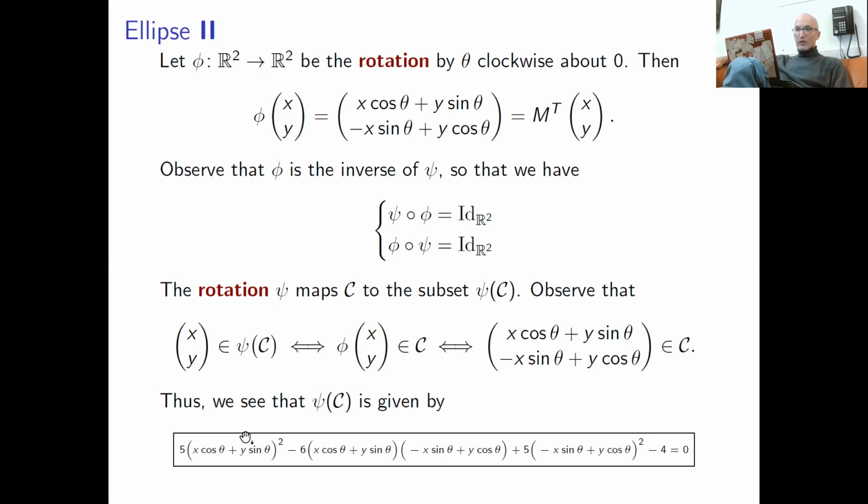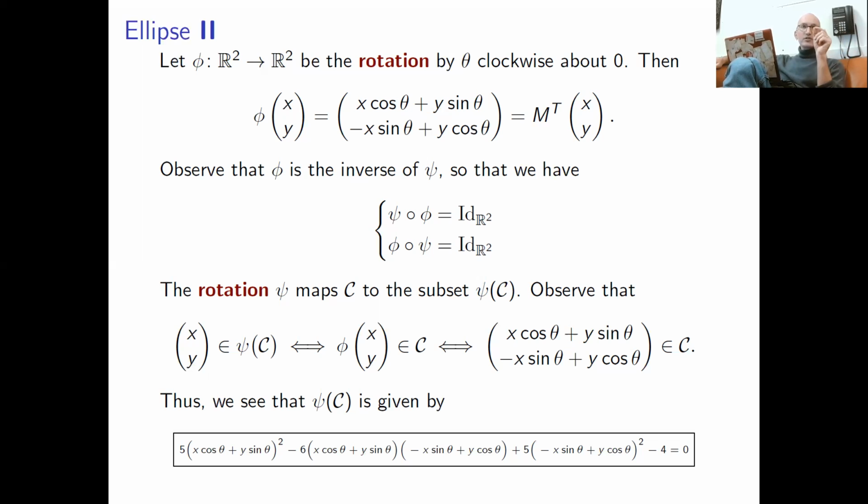Okay, so what we're going to do is simplify this equation, and you're going to have some term x squared times something, y squared times something, x times y times something, and then some constant term. Our observation is that it would be nice to find such theta that the xy term disappears.